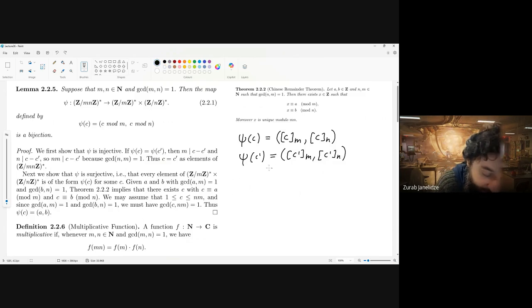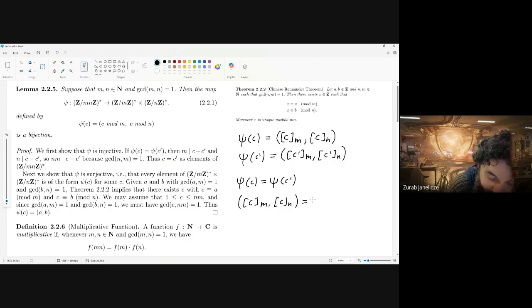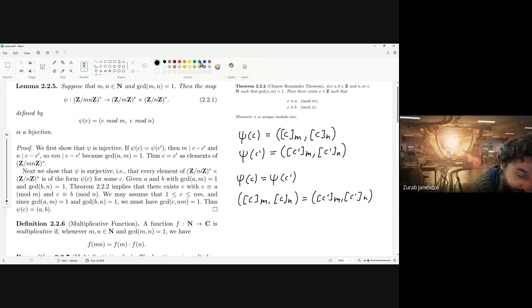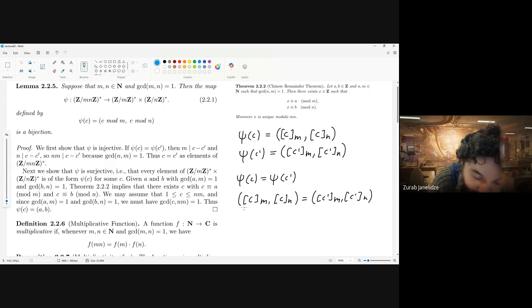Okay, so if it happens that psi of c equals psi of c prime, this means that the ordered pairs are equal, right? So this ordered pair equals the other one. And then that gives that each coordinate of the ordered pair is respectively equal to the other. So this must be equal to that, and the other one must be equal to the other one.